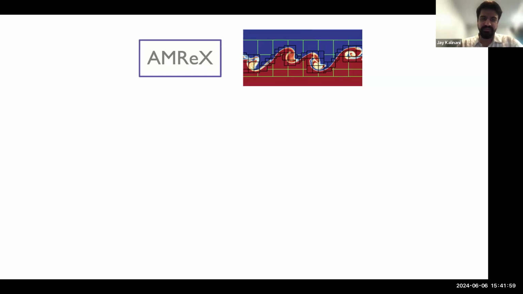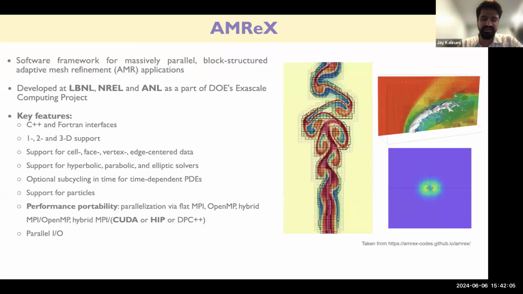One of the frameworks that we use is called AsterX. As Eric mentioned earlier on Tuesday, this is a software framework for massively parallel block-structured AMR applications, developed as a part of DOE's Exascale Computing Project.